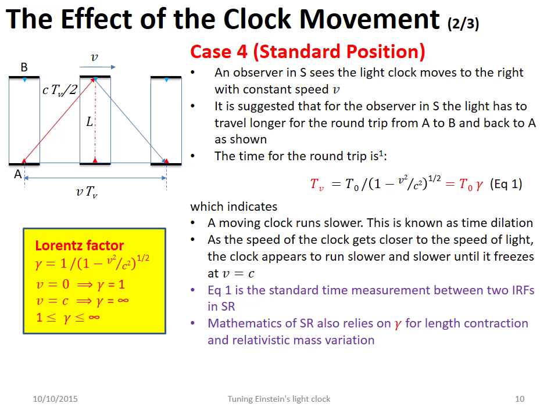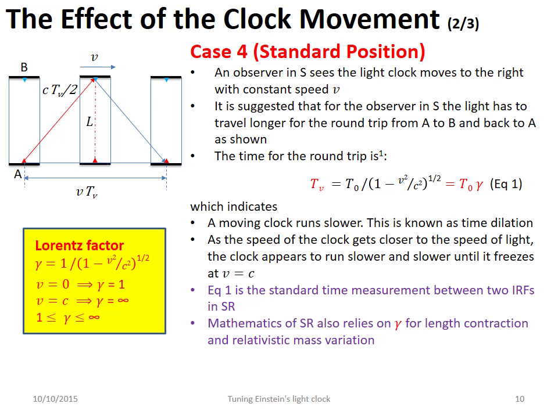An observer in S sees the light clock move to the right with constant speed of v. It is suggested that for the observer in S, the light has to travel longer for the round trip from A to B and back to A as shown. The time for the round trip is equal to T0 times gamma.